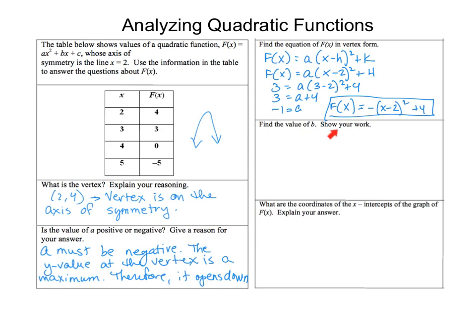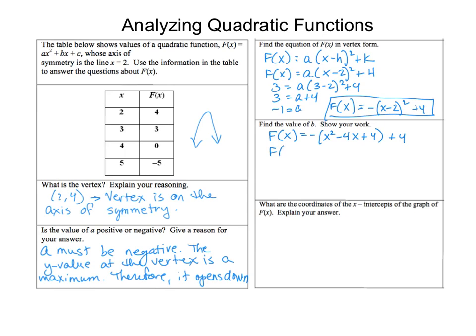Now it asks me to find the value of b. Well, I can multiply out f of x to find b. So f of x is negative the quantity (x minus 2) squared. So that's x squared minus 4x plus 4. And that's plus 4 here.